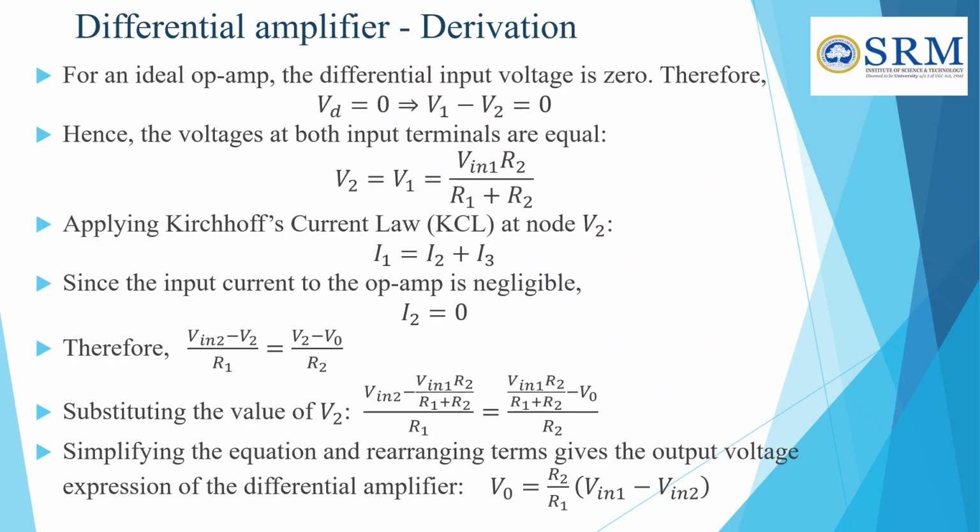By substituting the value of V2, we get (Vin2 minus Vin1 R2 by R1 plus R2) by R1, which is equal to (Vin1 R2 by R1 plus R2 minus V0) by R2. Simplifying the equations and after rearranging the terms, we can get the output voltage expression as R2 by R1 into (Vin1 minus Vin2).